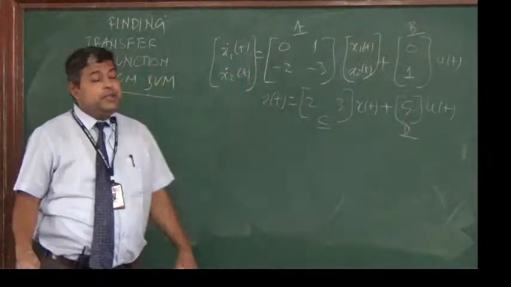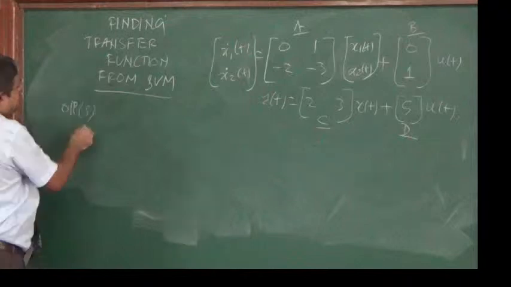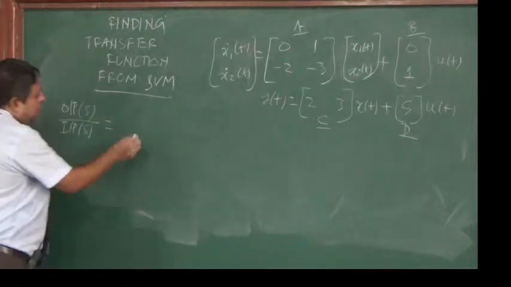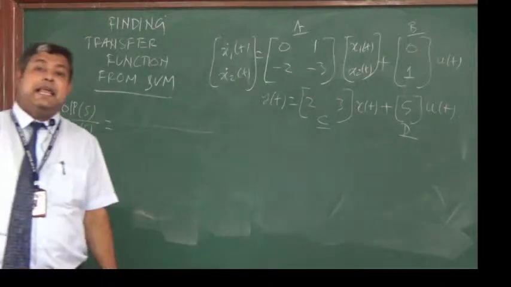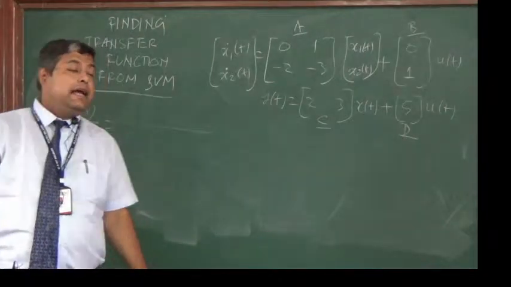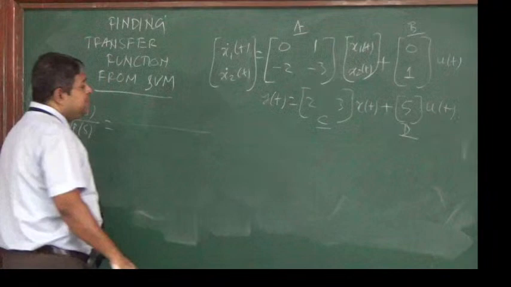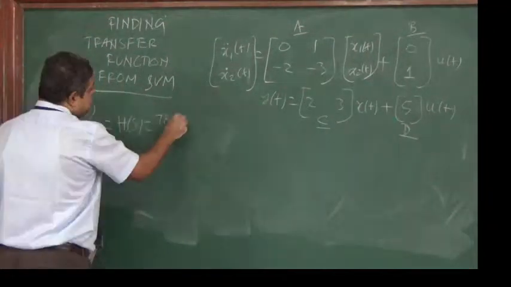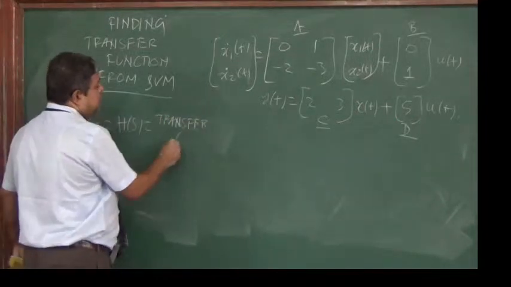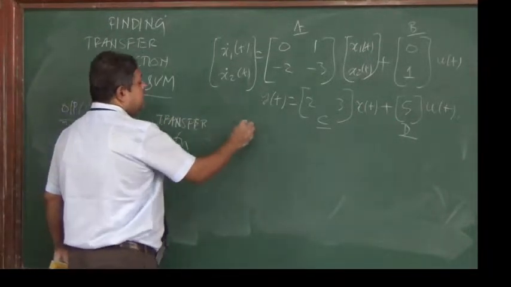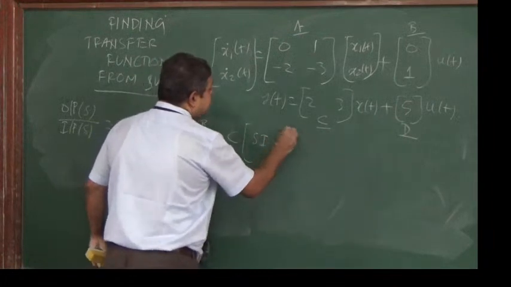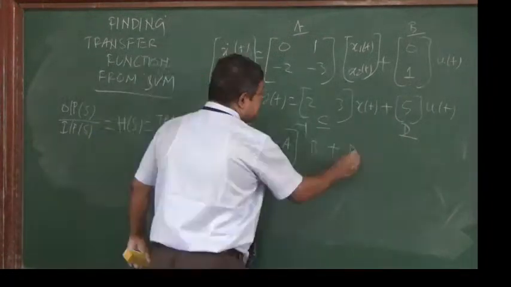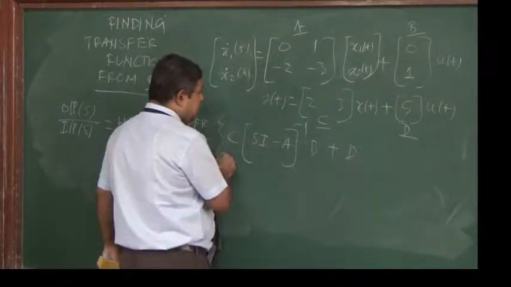What we are supposed to find out is output Laplace divided by input Laplace. So the transfer function will be found in the Laplace domain, and it is like this. What is the formula? Output Laplace by input Laplace, better we will call it H(s). This is called the transfer function: C into (sI minus A) inverse into B plus D. So this is the formula that we have to follow, okay.